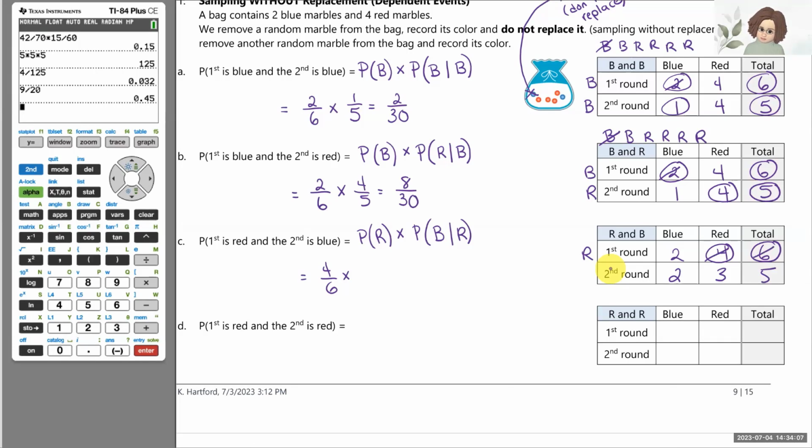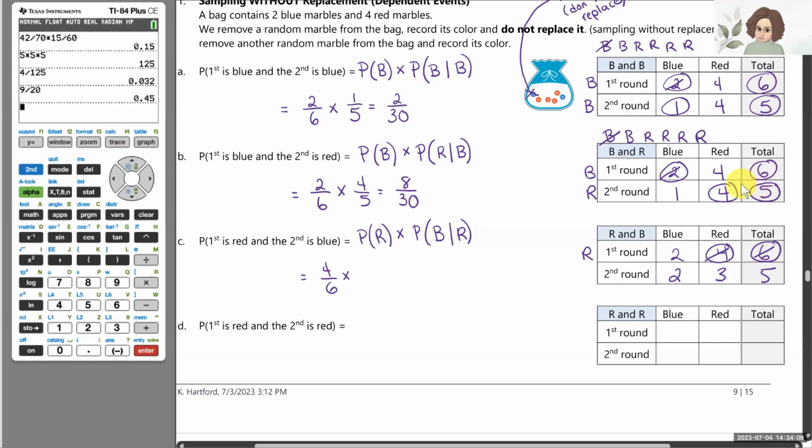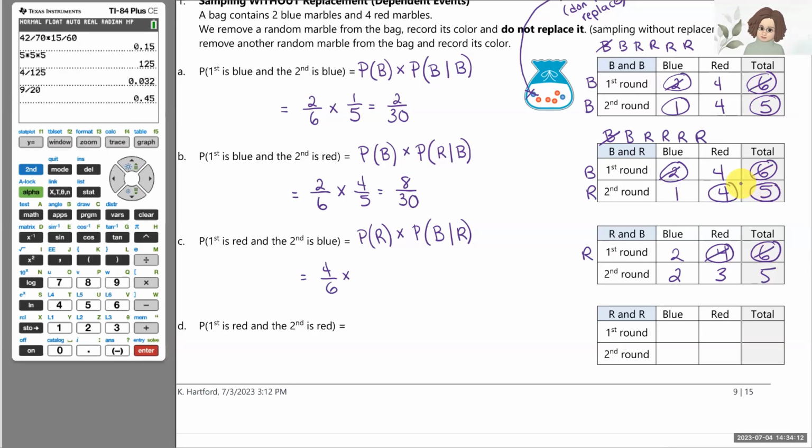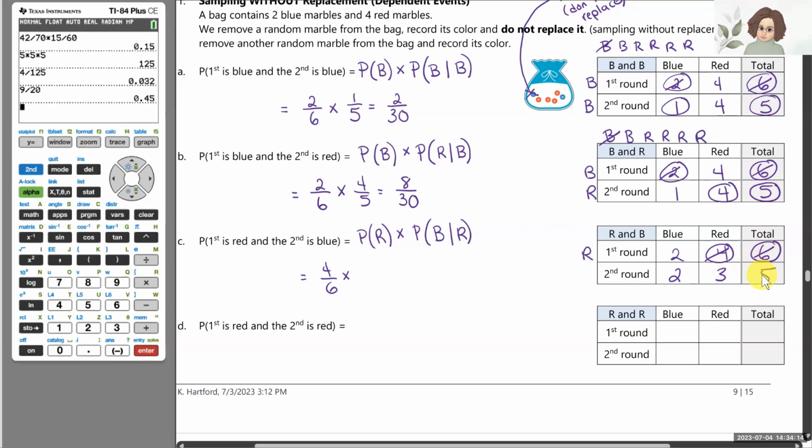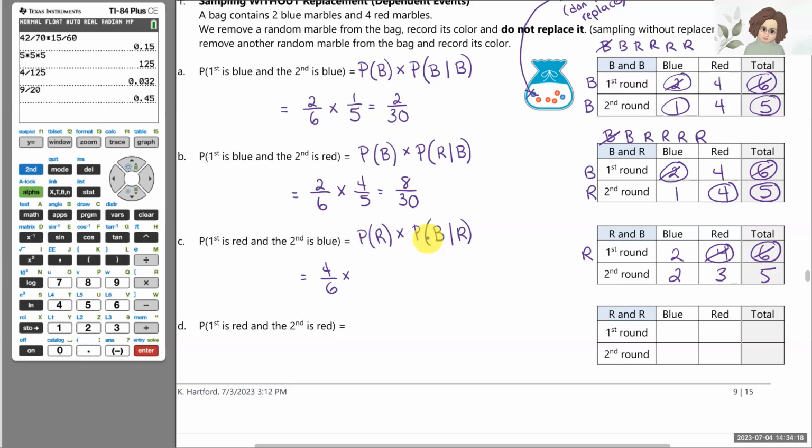And actually, if you want to be consistent with my crossing out, 6 goes down to just 5 marbles. And then I want the next one to be blue. So 2 out of those 5 are blue.